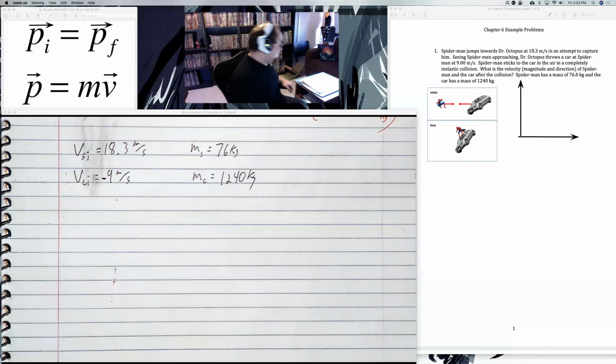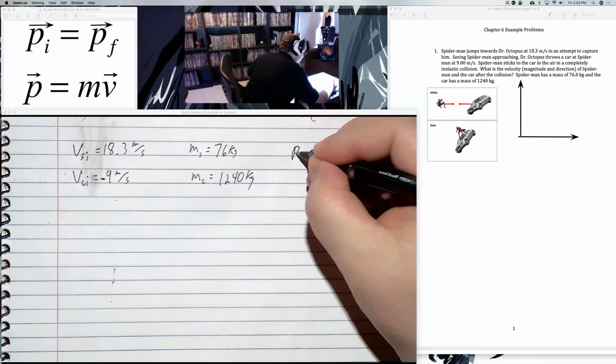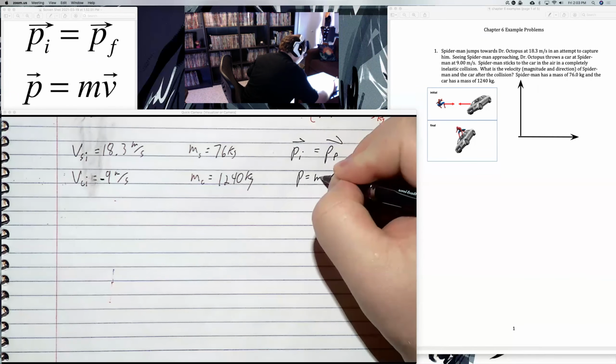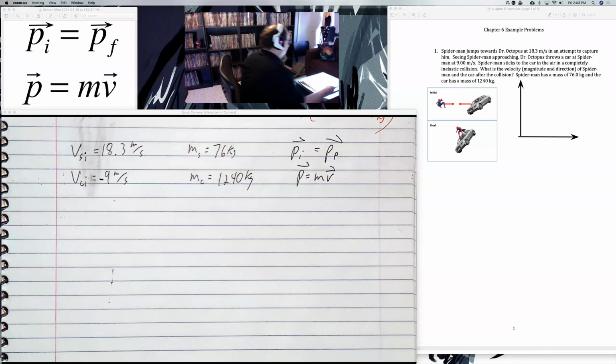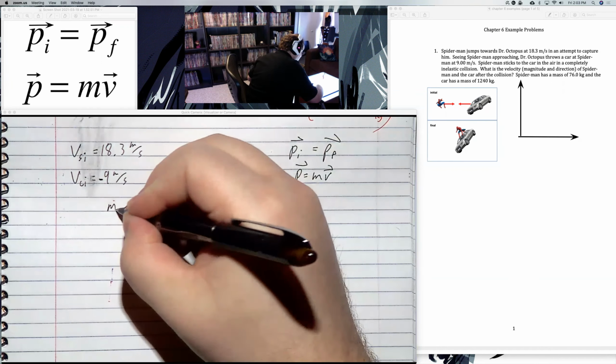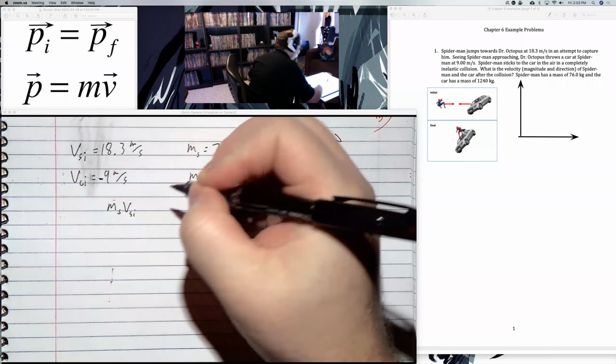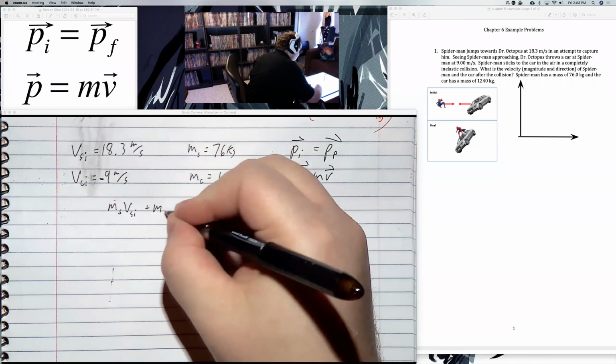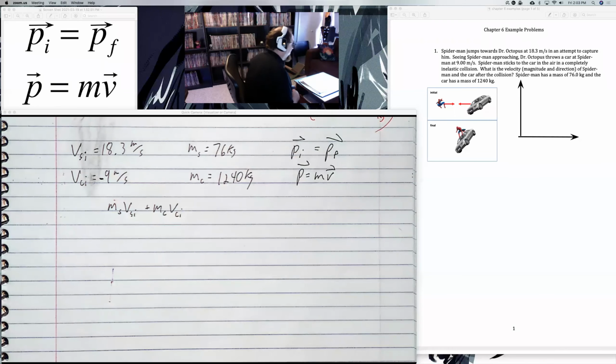But once I have that, what I'll say is initial momentum equals final momentum, where momentum equals mv. And I'll just look at the system. I'll look at that picture and say, okay, initially I have Spider-Man moving. So in my initial, I have the mass of Spider-Man, the velocity of Spider-Man initial. My initial picture also has a moving car. So I'll say I have the mass of the car, the velocity of the car initial.